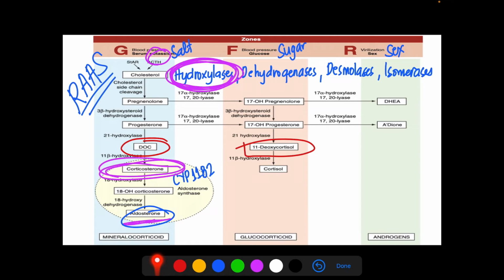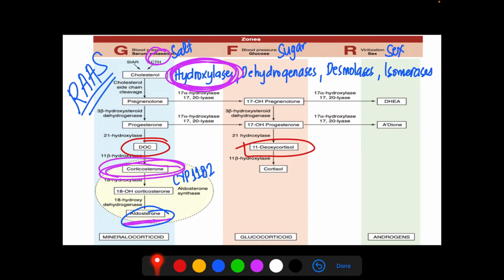Again, let me just repeat what I have said: although cortisol is the most important glucocorticoid, corticosterone, which is a mineralocorticoid hormone, also possesses glucocorticoid activity, just like your cortisol.